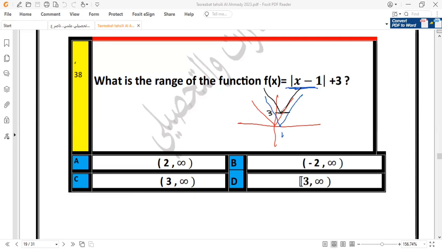Here 3. So what's the range? The range starts from 3 to infinity. Okay, it will be y greater than or equal to 3, or in interval notation, it will be 3 to infinity. Okay, so it will be letter C.